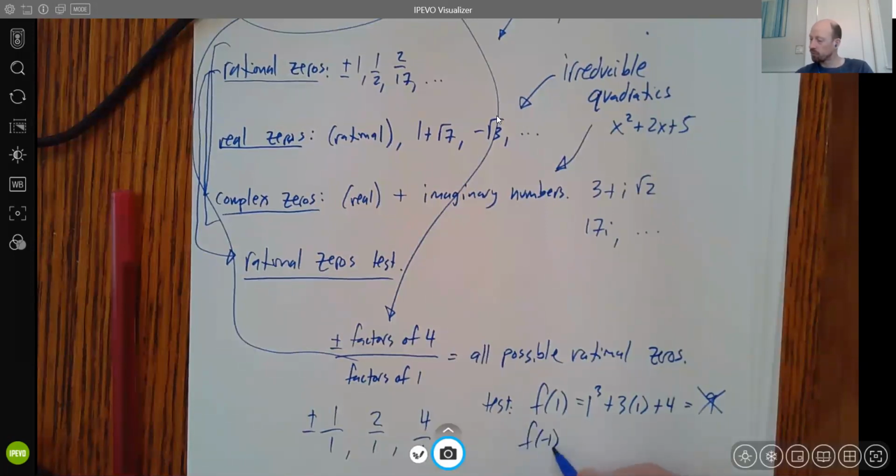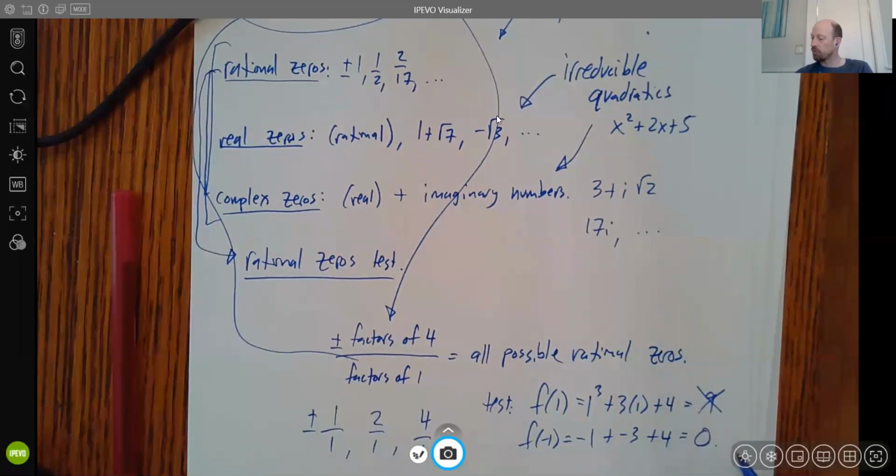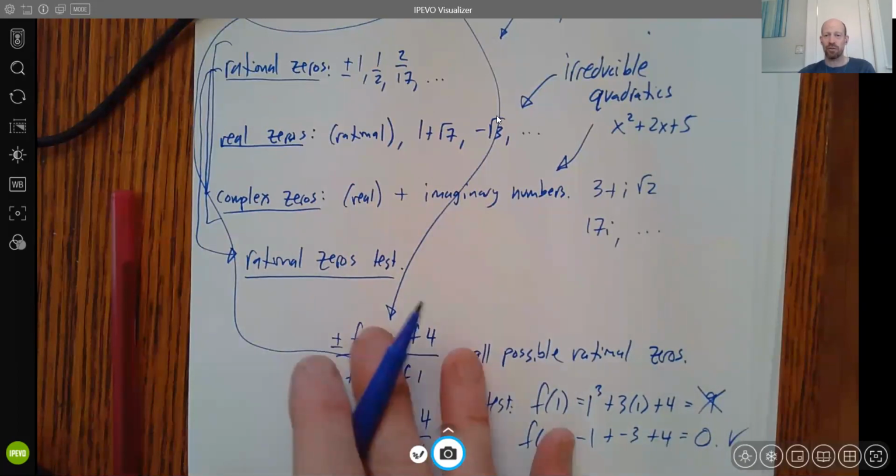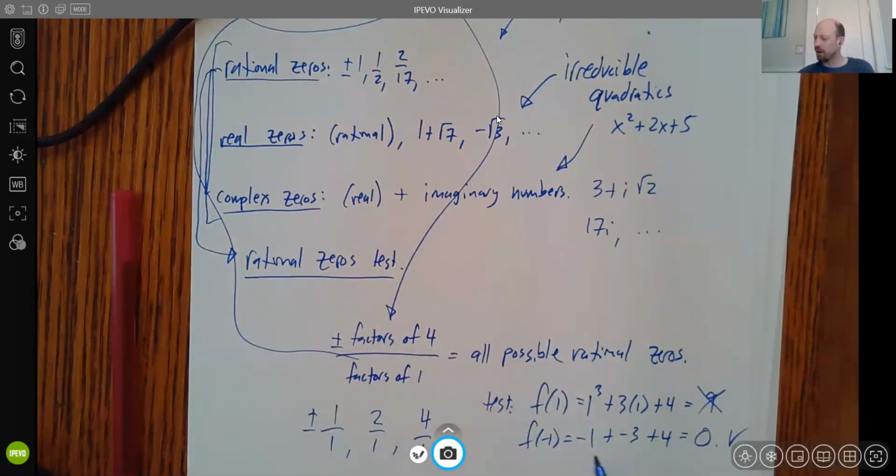Let's try f of minus 1. f of minus 1 is going to be minus 1 cubed plus 3 times minus 1 plus 4, that equals 0. And so you should sort of feel like jackpot, right? We're searching for these numbers and I found 1. And there's only 3 of them total, so I'm kind of a third of the way there.